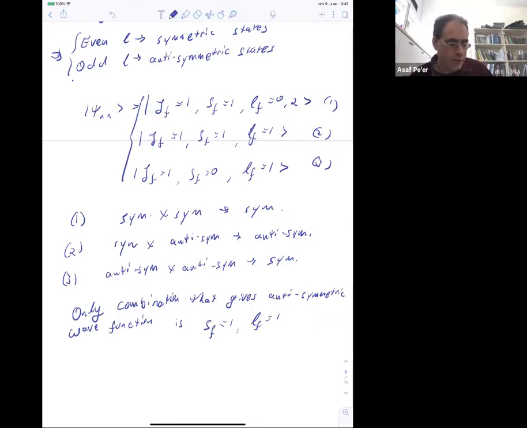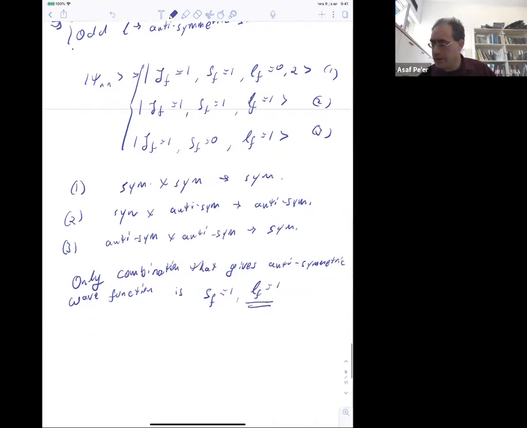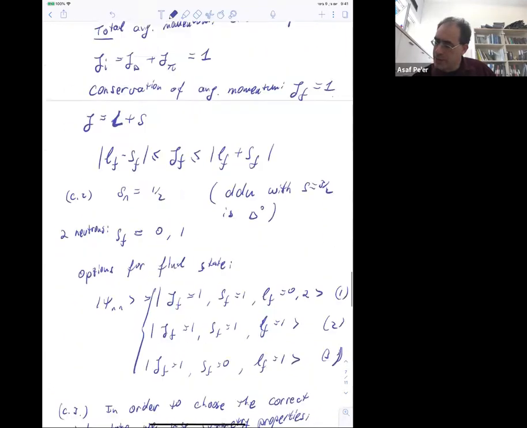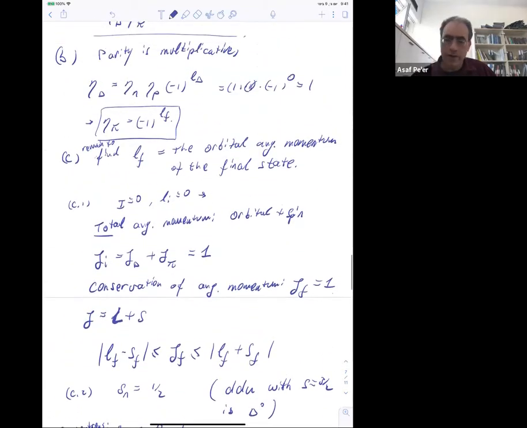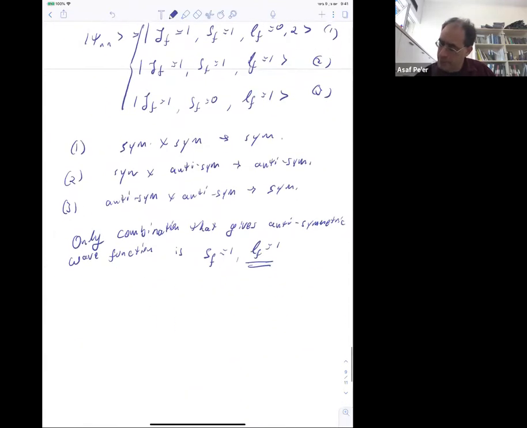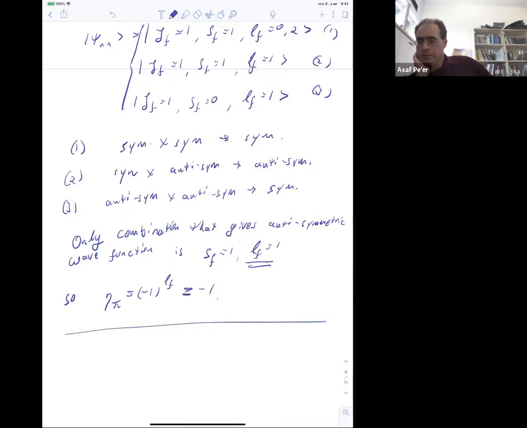So we conclude that the orbital momentum in the final state must be LF equal to 1. And going backwards to what we derived previously, that means that the intrinsic parity of the pion, eta pion, must be (-1) to the power LF, which is -1, negative. Cool, isn't it?